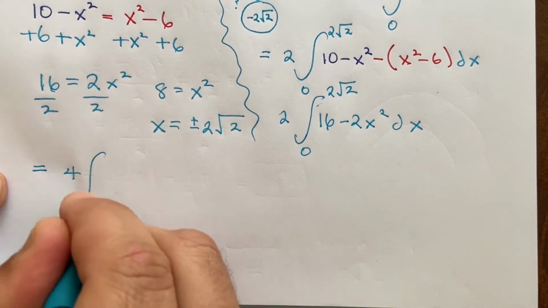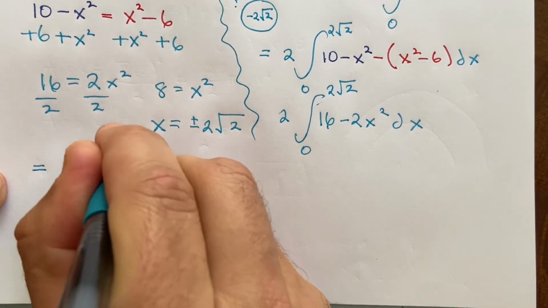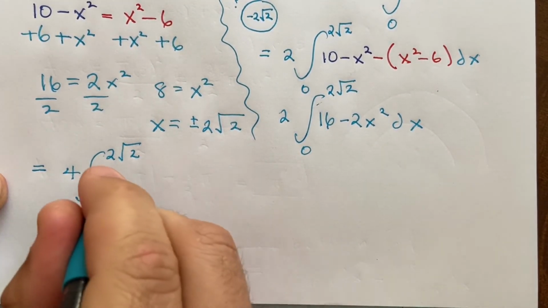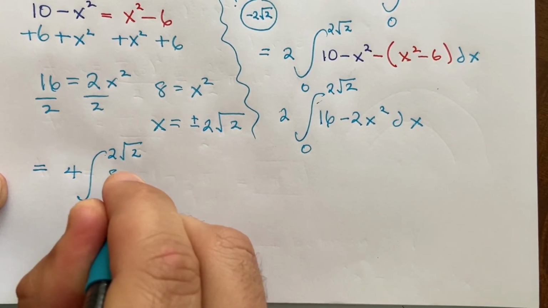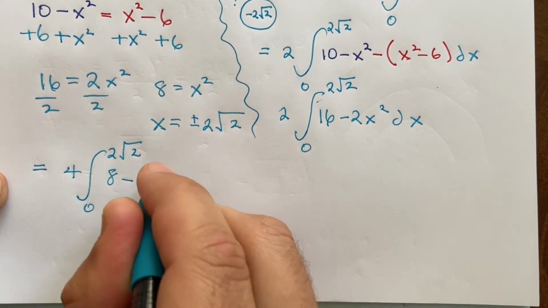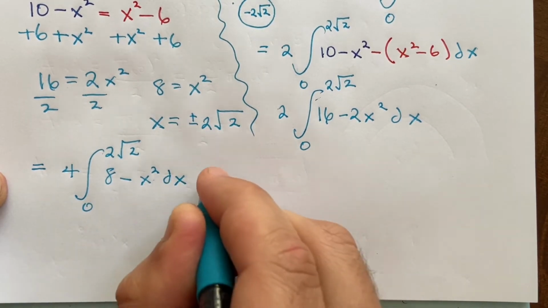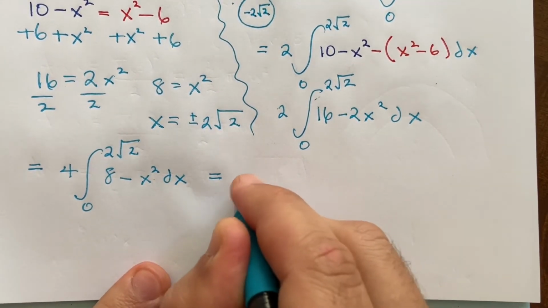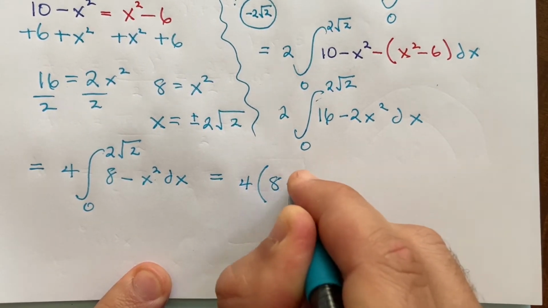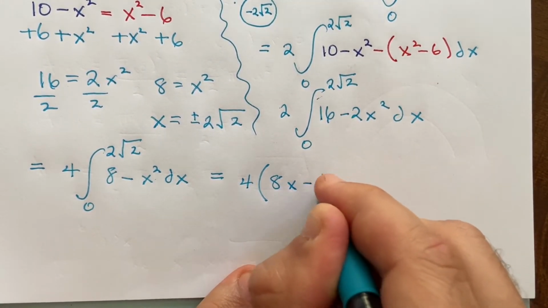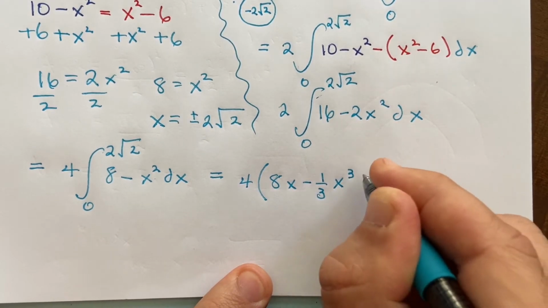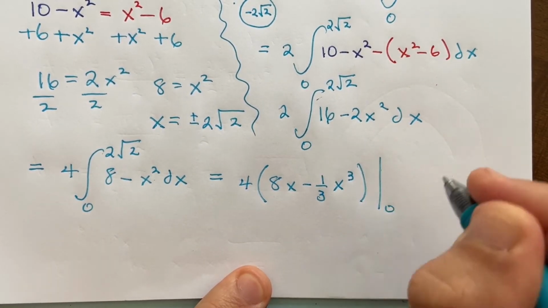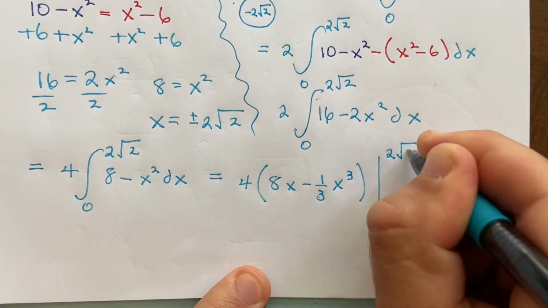So I'll get 4 from 0 to 2 root 2 of the integral 8 minus x squared dx. So actually finding an antiderivative now, I'll have 4 times 8x minus 1/3 x cubed, integrating that from 0 to 2 root 2.